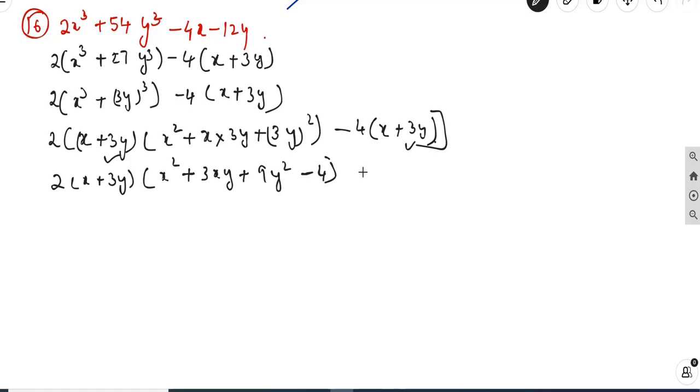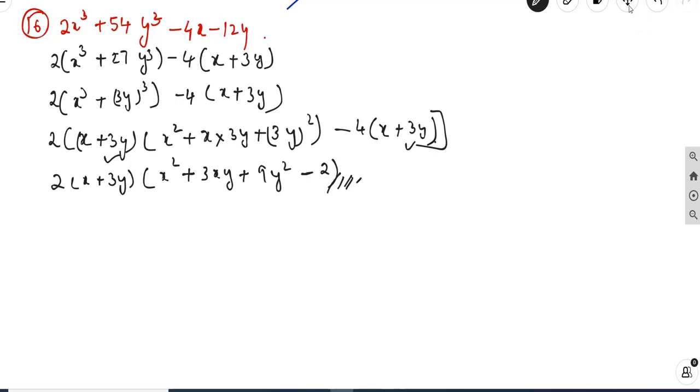So here we can take 2 outside, and from this also I can take 2 outside. So this is what is left here. 2 we have taken outside. So this is the solution for problem number 16.